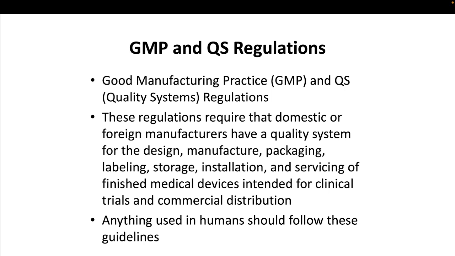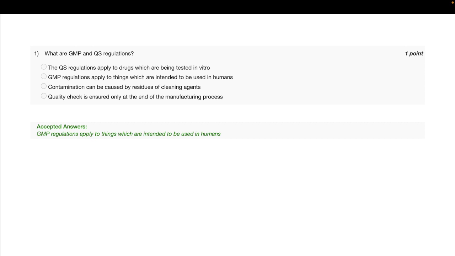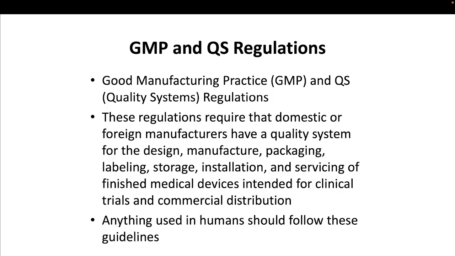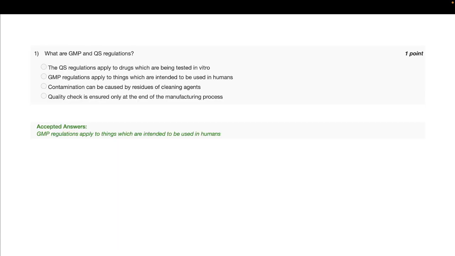Also, the way you have packaged it, the way you're labeling, storage, installation, everything will be checked to see if there is any contamination in the final formulation which you have made. So GMP regulations are applied to things which are intended to be used in humans. Same goes with QS. These are quality standards. Is this clear?